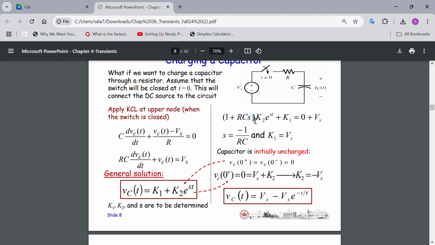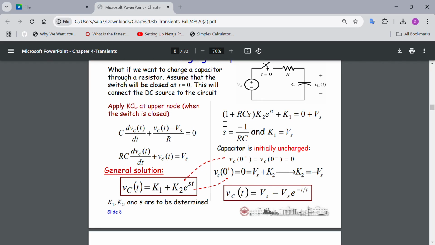This leads us to 1 plus RCs, times k2 e to the st, plus k1, from multiplying RC by s and adding k2 from the Vc and taking common factors, with k1 by itself.